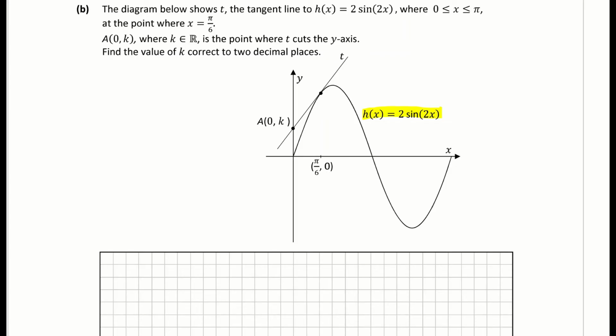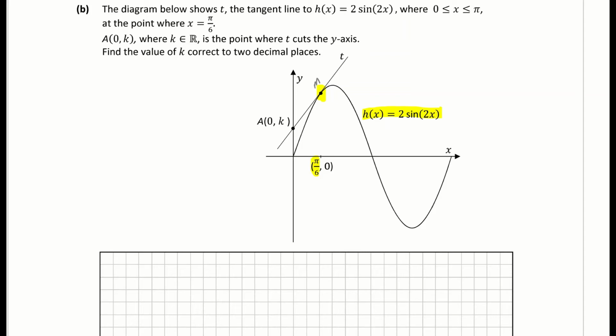I'm then going to sub in the x-coordinate pi over 6, which is going to give me the slope of the curve at that particular point there. When I find the slope of the curve, I'm then going to find the equation of that line. And by doing that, I need to find 2 points.